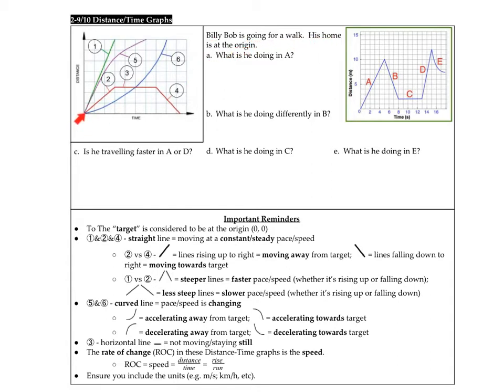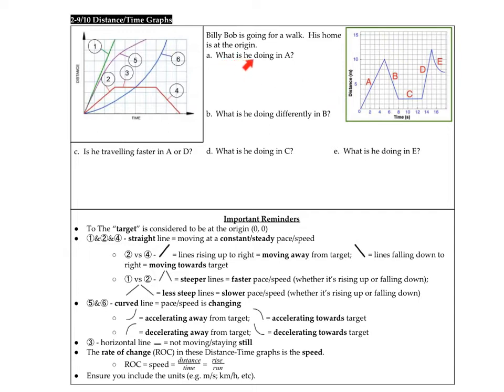So right there at 0, 0, and in this case, it's referring to this graph, 0, 0 is representing his home. So if the graph starts here, that means he is starting at home. If the graph were to start up here, it means he is not at home. So 0, 0 is representing his home. In this case, the graph is starting there, so he's starting at his home.